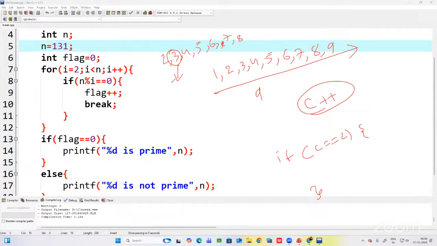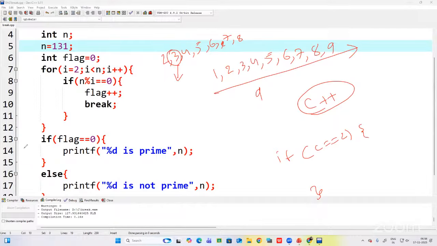Do you understand the concept of increased efficiency? Because now you no longer have to run 9 times to determine whether 9 is a prime number or not. Just by running 2 times, we are able to determine that 9 is not prime. But if you consider the example of 13, right?